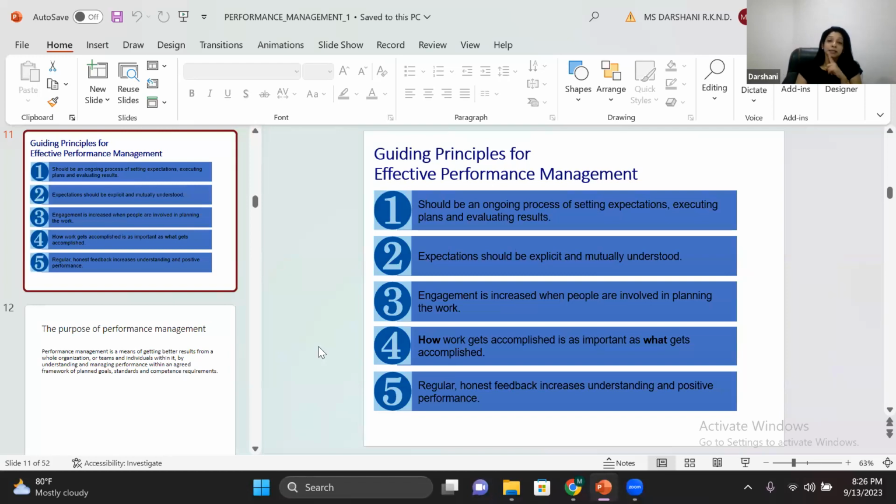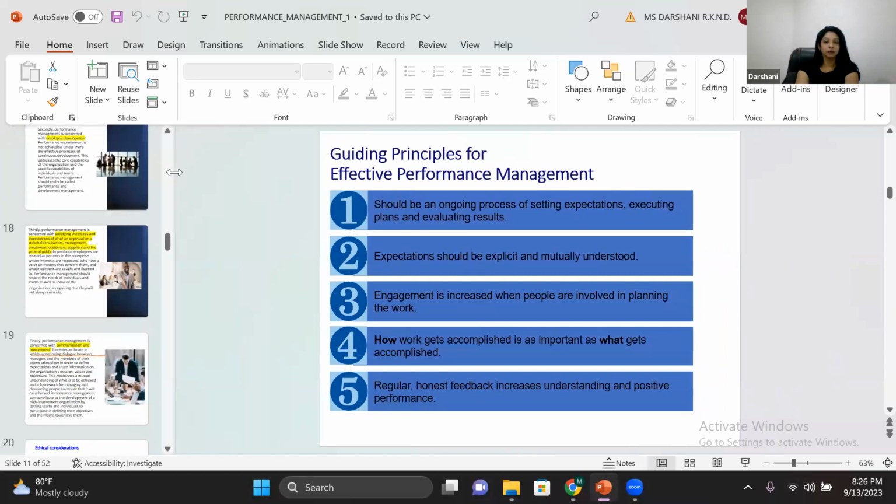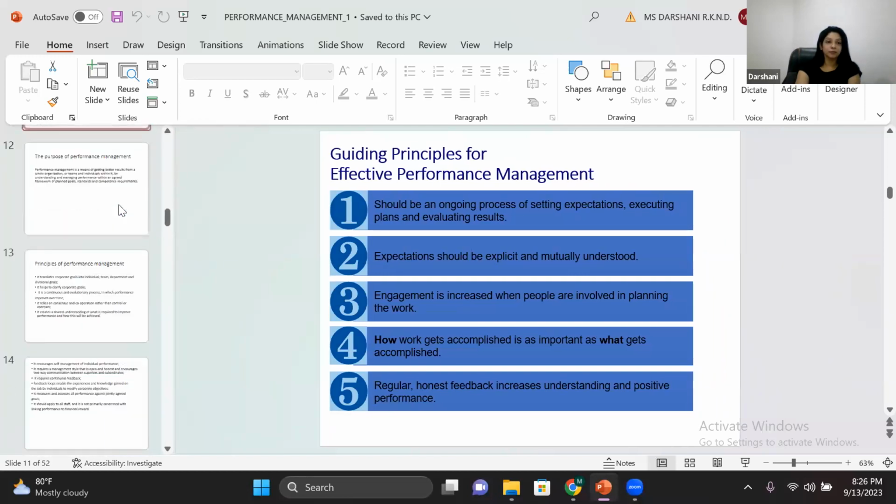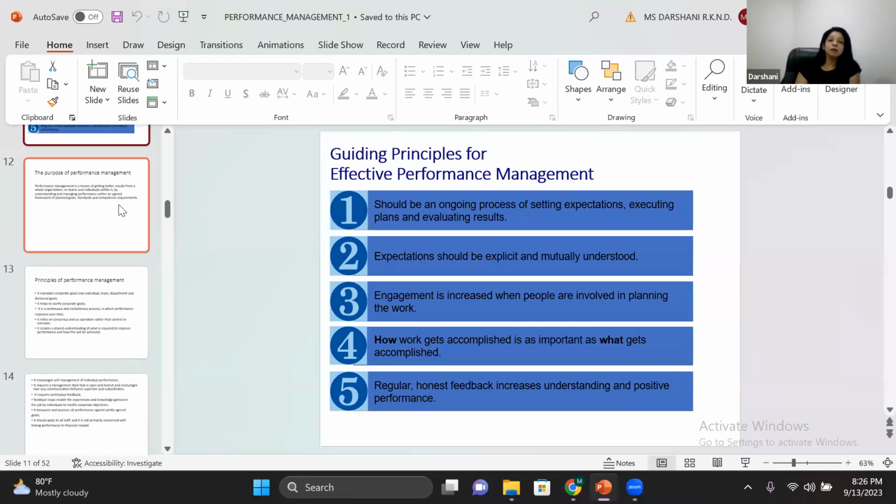How work gets accomplished is as important as what gets accomplished. It's not only how we accomplish things, what we accomplish is important as well. Because outcome explains what gets accomplished.